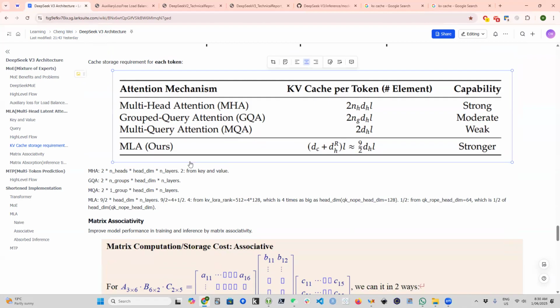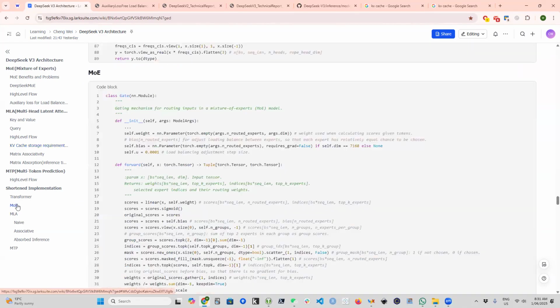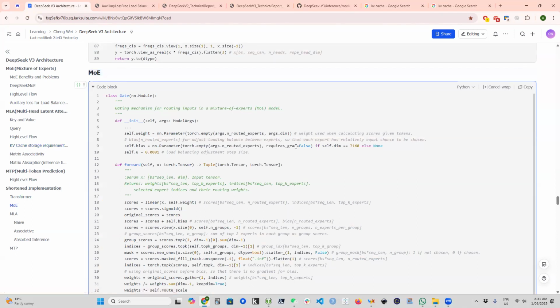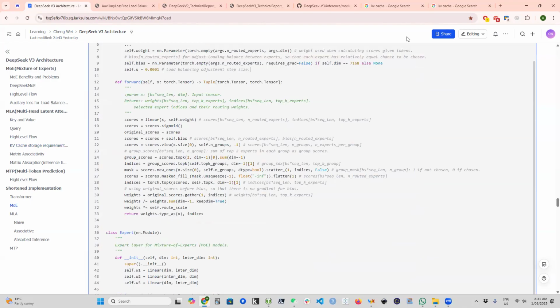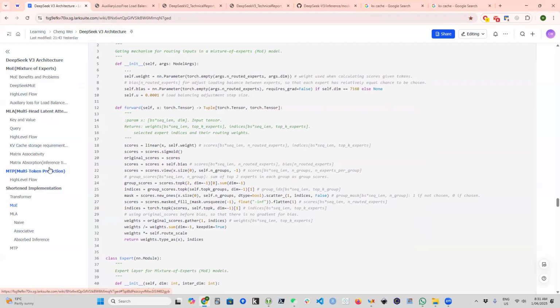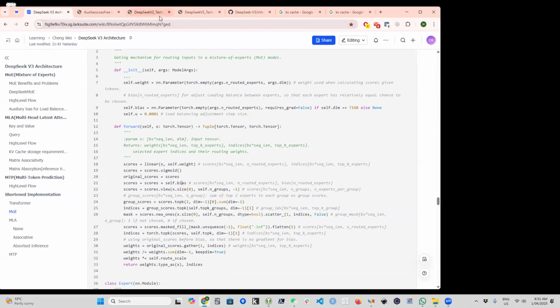Okay, let's start. Before we start, let me mention one thing that I think I forgot last time. As you mentioned, the bias term we use in the MoE. Let me split screen.